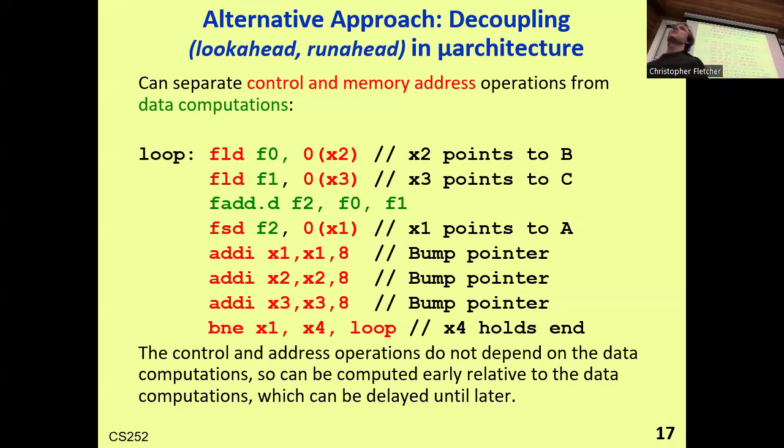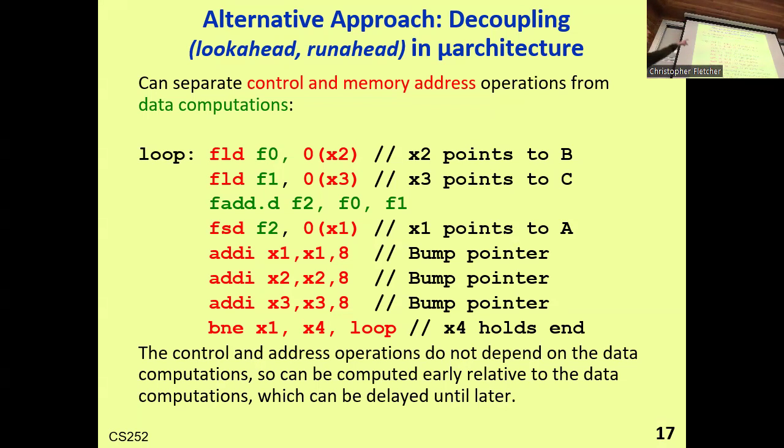So this is a style of architecture called decoupled. It's been kind of extended. Decoupled access execute is a really famous architectural paradigm, based on this basic idea. The idea is to notice that there are really two parts to this loop. Sorry, the colors are kind of awful because the slide to indicate 252 only is yellow.